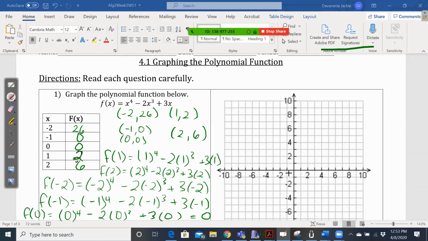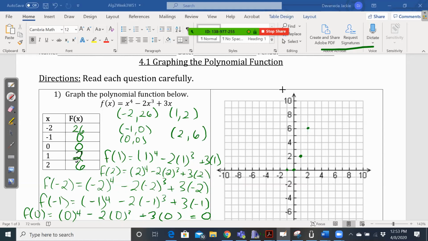So -1, 0: across to the left 1 time, but I'm not going up or down because that's 0. So that coordinate's right here. And 0, 0 is right over here. Then we have 1, 2, which is right over here, and 2, 6, which is right here.